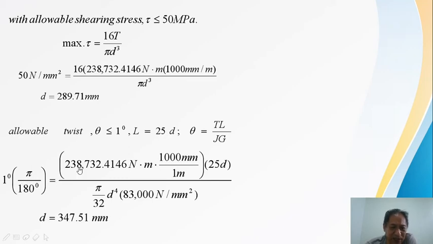And we have the torque in terms of Newton millimeter, multiplied by 1,000. The length is 25D. This is the polar moment of inertia, 1/32 D to the 4th power. Then we have 83,000 megapascal. 83 gigapascal is 83,000 megapascal.